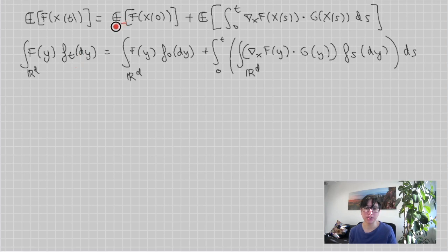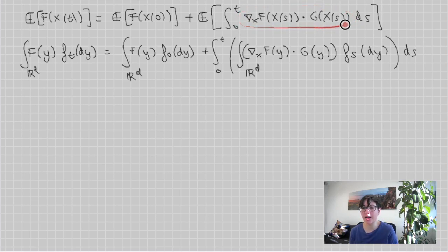When I compute this expectation, this is going to be the integral of capital F against the law of the random variable x_0, and the law of the random variable x_0 is what we denoted by f_0. And now here I have to do a small thing. First of all, I put this integral inside, so the expectation I can put it inside. And now what I have is these random variables.